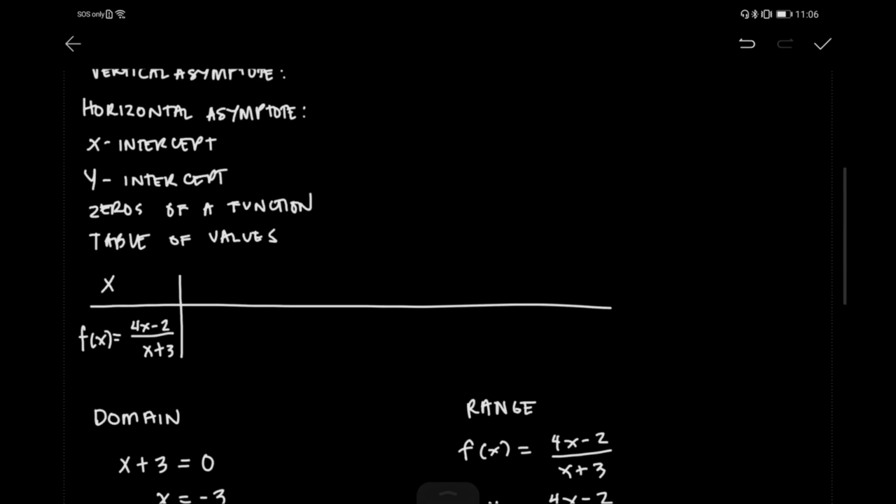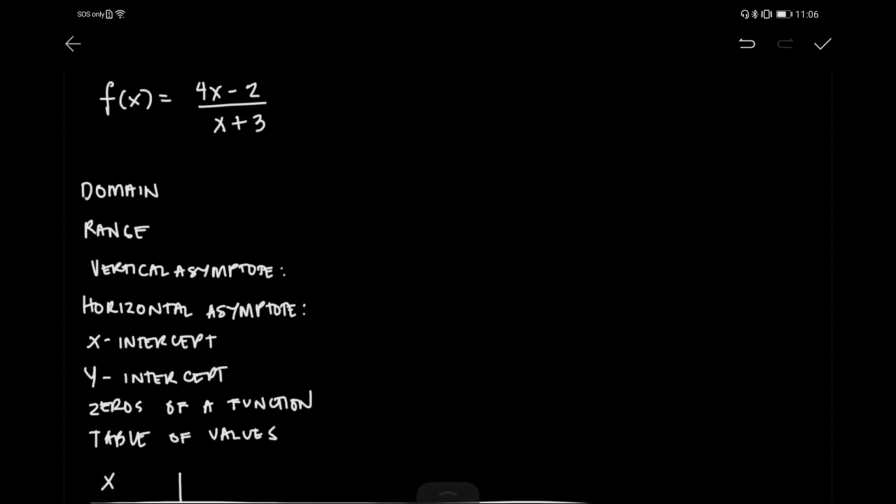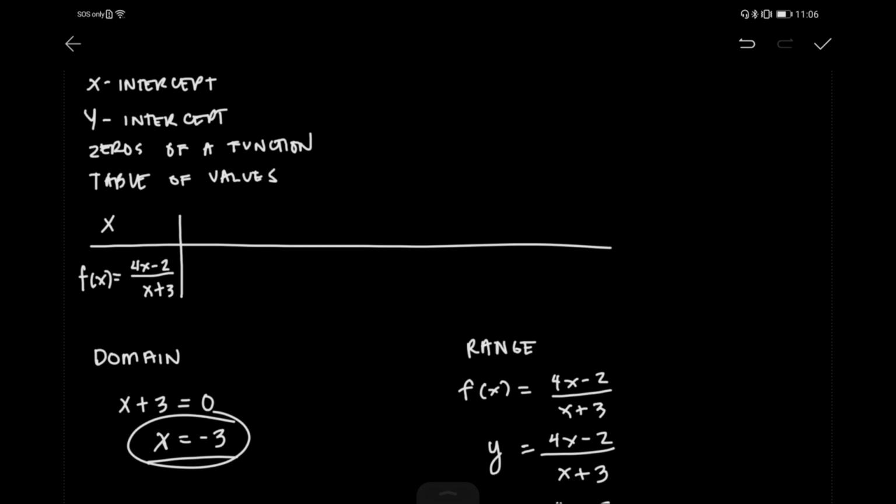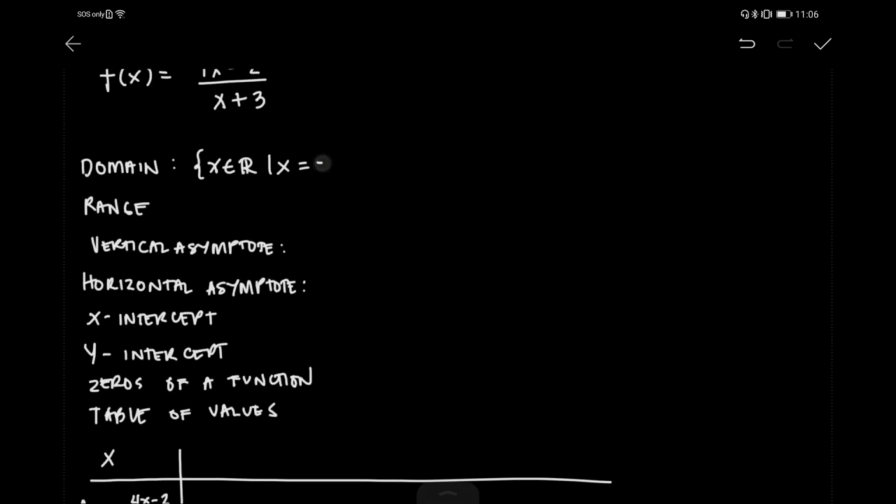So, here, sulat na natin. Ang domain natin, ang x natin is an element of all real number such that the value of our x must not equal to negative 3. Okay? So, negative 3.